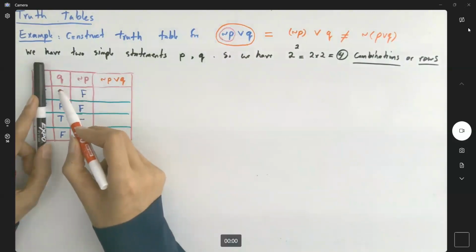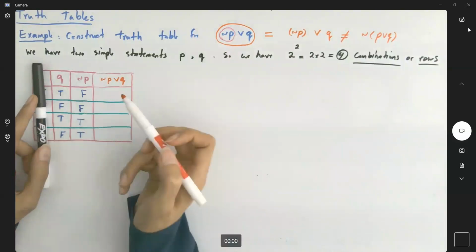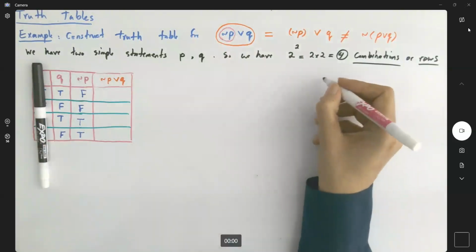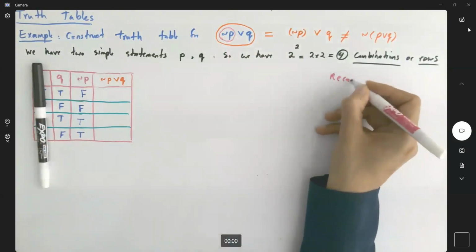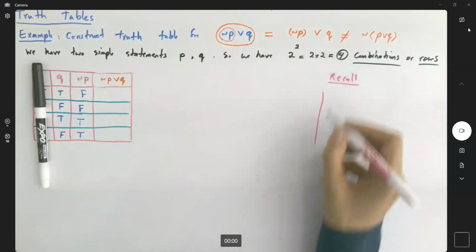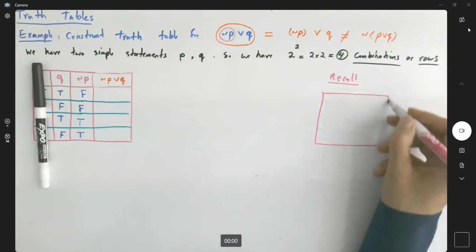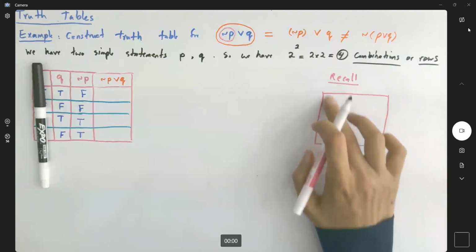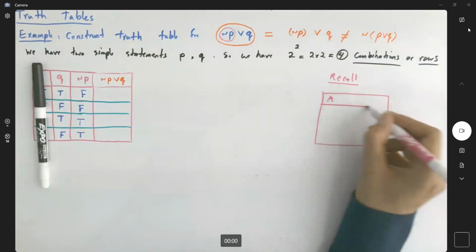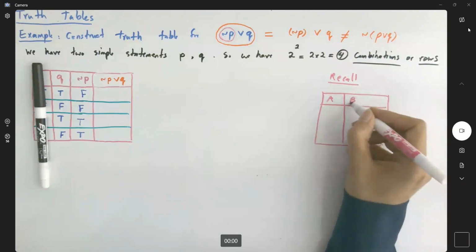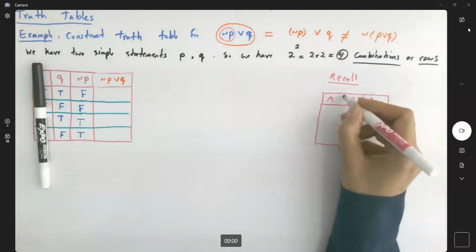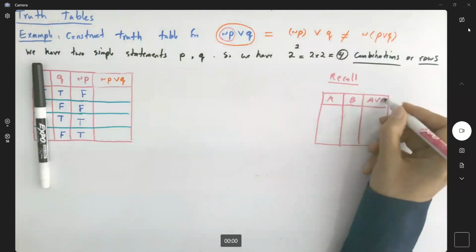False or true. Well, okay, I don't remember the table. I don't remember the values. Take a look at your notes. Recall the original truth table for or. If I have two statements, for example, A, B, A or B, this is what I learned.